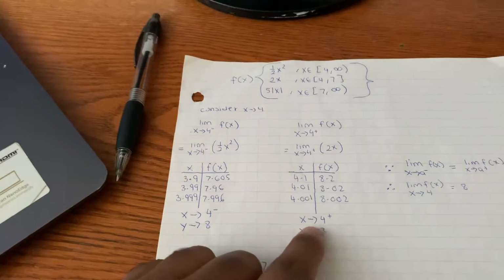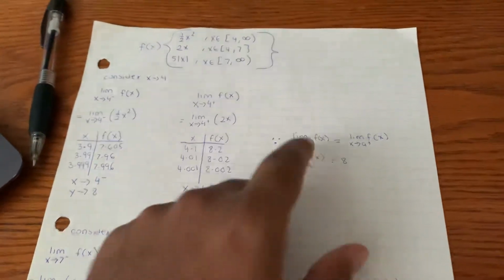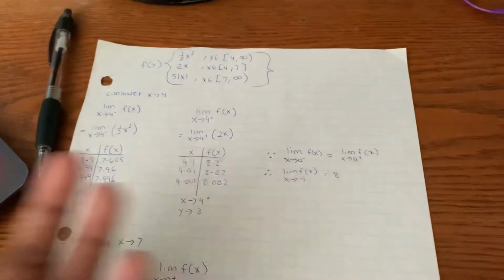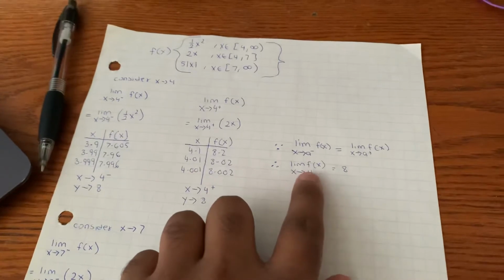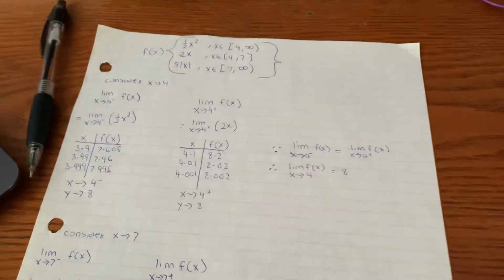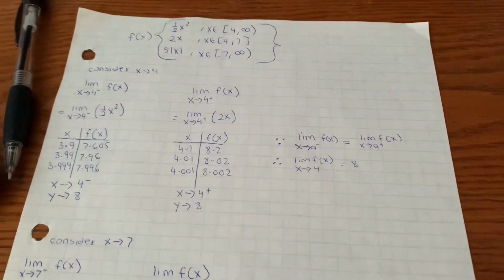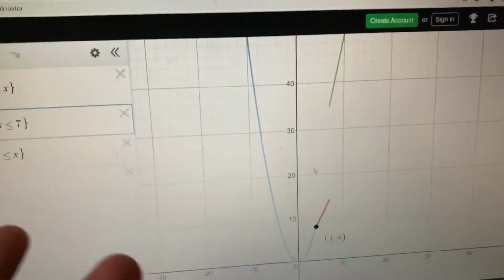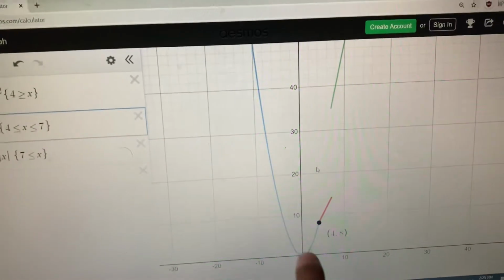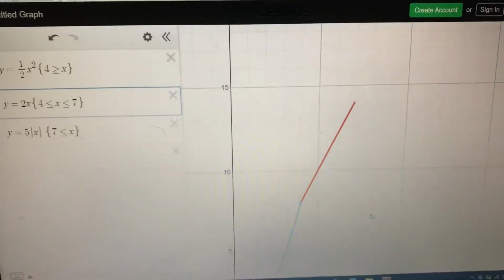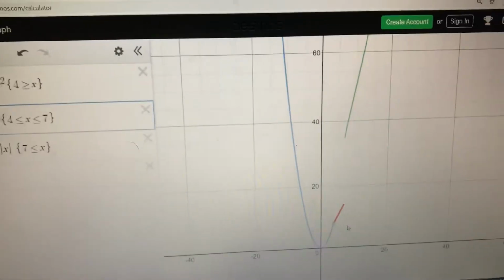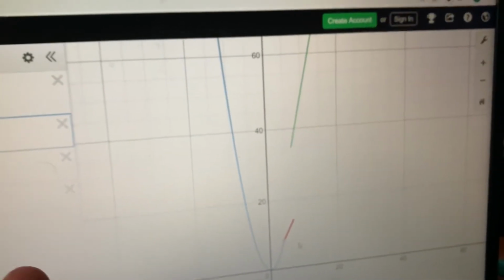Because the limit approaching 4 from the left side is equal to the limit approaching from the right side, this limit does in fact exist. And from the graph, it's pretty easy to tell. It's smooth. If you zoom in, there's no gap or anything.